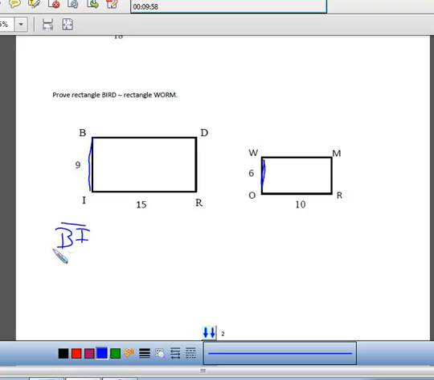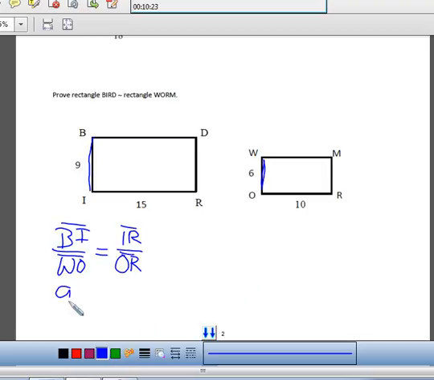BI, side BI, over WO, is that equal to IR, side IR, over OR. And all you have to do is plug in your numbers.